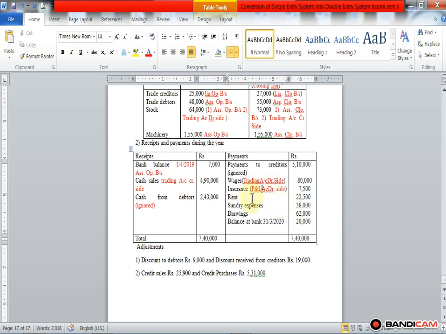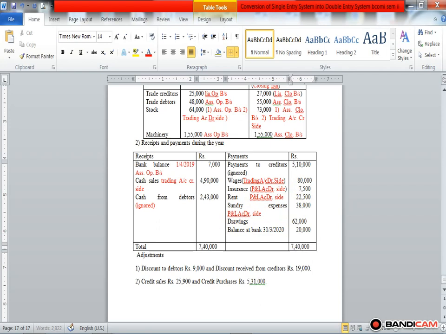Then rent is an operating expense, not a direct expense, so it is also transferred to the profit and loss account debit side. Sundry expenses is also transferred to the profit and loss account debit side.